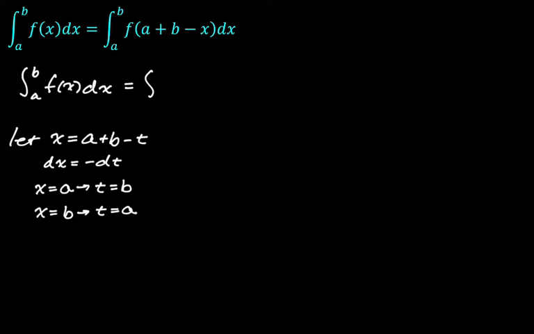Our bounds actually have flipped, right? So the a that was at the bottom has become a b, and the b that was at the top has become an a. So now we're going from b to a of f of, do the substitution, a plus b minus t, and then substitute for dx, negative dt. Because you have the integral from b to a of negative dt, you can change the sign and flip the bounds, which is a really common property.